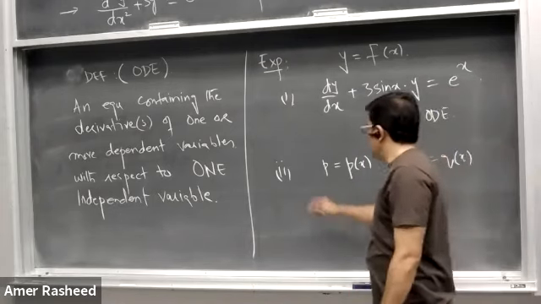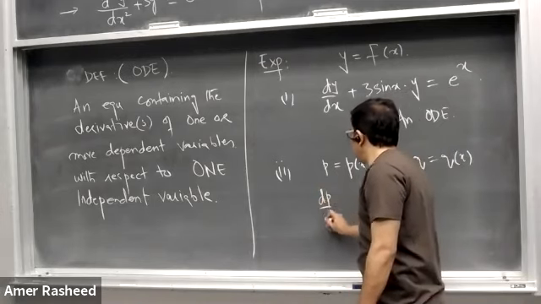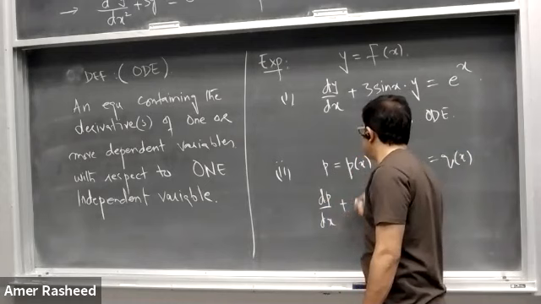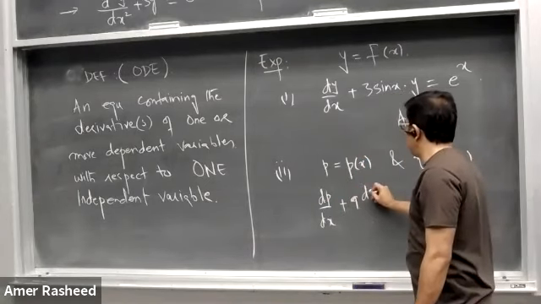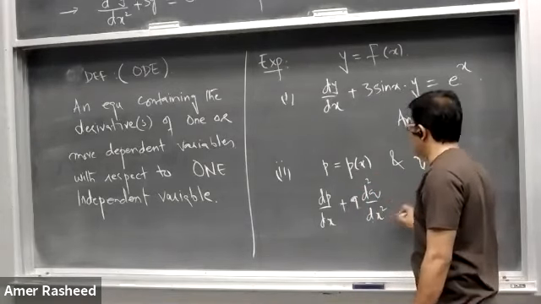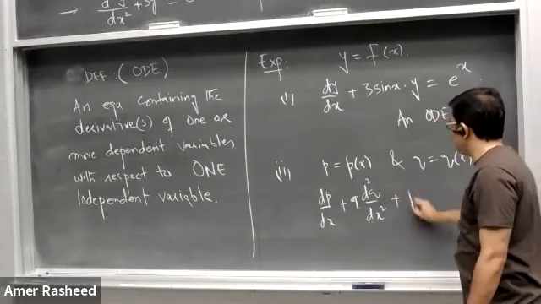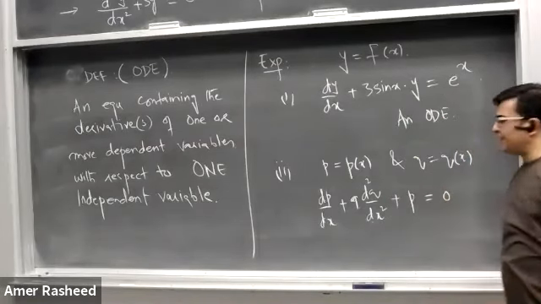So a differential equation of this kind may be dp by dx plus 9 dq by dx or d squared q by dx squared plus p is equal to maybe 0, anything.